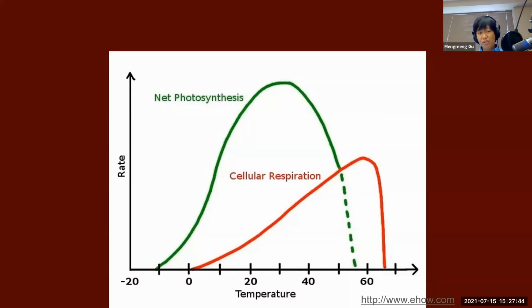These two processes are both affected by temperature. The unit here is Celsius. At a certain level, as temperature increases, both net photosynthesis and cellular respiration increase. But when it gets too hot, they both decrease. Respiration can actually tolerate slightly higher temperature.